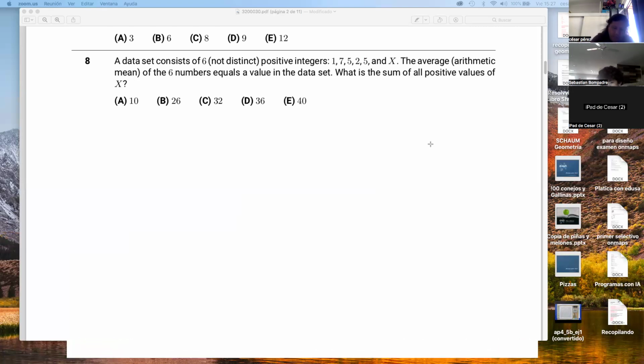So we will have 1 plus 7 plus 5 plus 2 plus 5 plus x divided by 6 equals... We need positive integers, okay? And we can have the average arithmetic mean of the 6 numbers equals a value in the data set. So we can have this equals 1, for example. And this is 5, 5, 10.